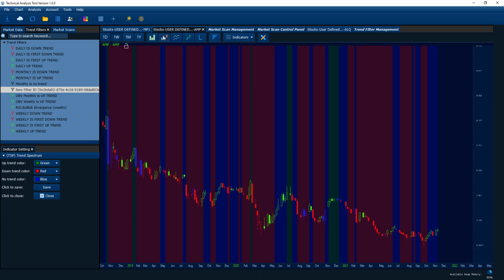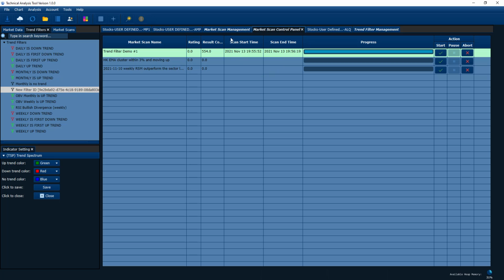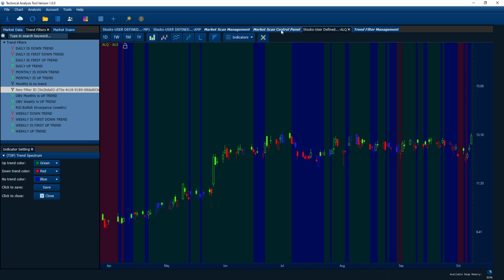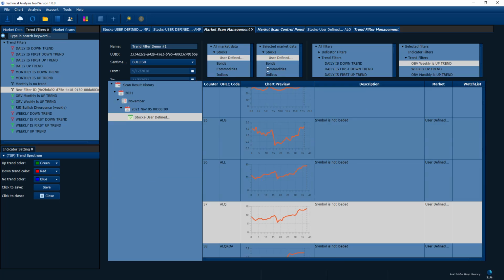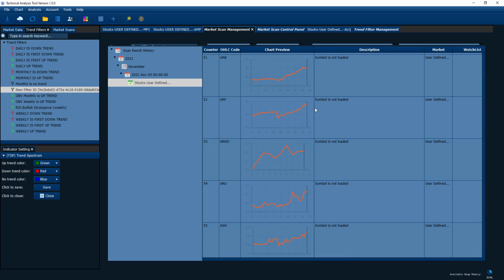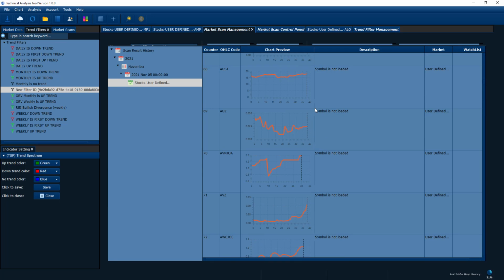This is an example of how we can use this trend spectrum indicator to give us fairly good information when we're doing this scan, because we want to buy shares in an uptrend, so you can apply those kinds of scans.